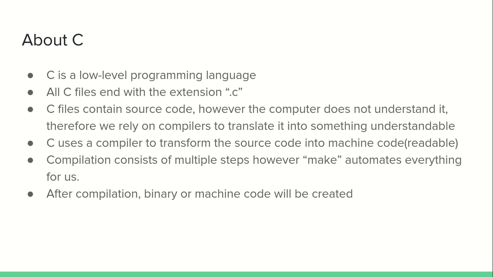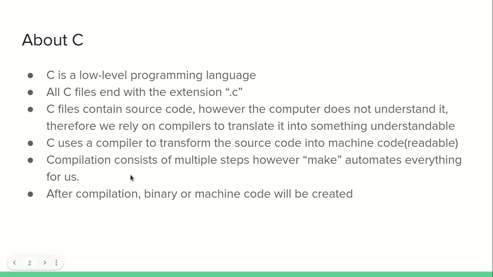And then I'm going to essentially compile this into machine code. And machine code is what I'm going to then execute, or what the computer is going to open and run. That is my program. C uses a compiler to transform the source code into machine code, as I've mentioned. Remember, the machine code is the data the computer can read.